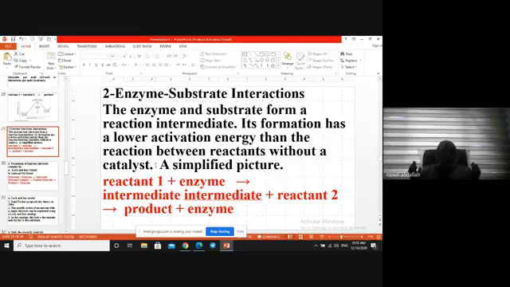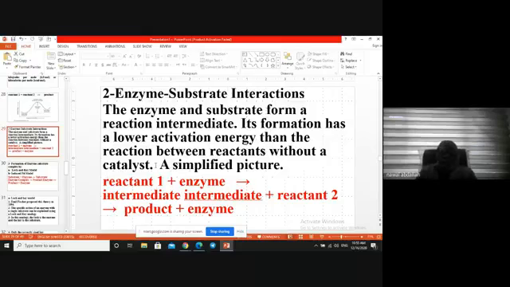When we use a catalyst, even if it is an enzyme or a chemical catalyst, this activation energy will be decreased.